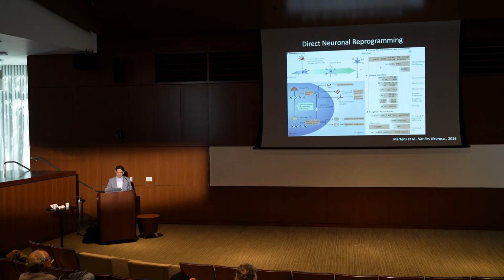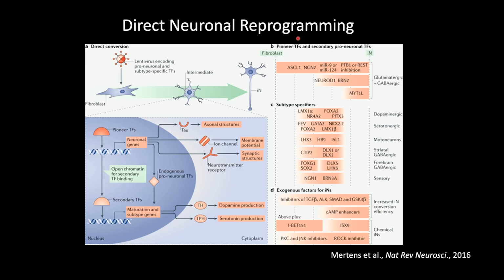I'll get into one major experimental platform that we use in the lab, and it's called direct reprogramming. I'm borrowing one nice slide that Jerome and Fred wrote before from the review. Direct neural reprogramming basically means gain of function studies.